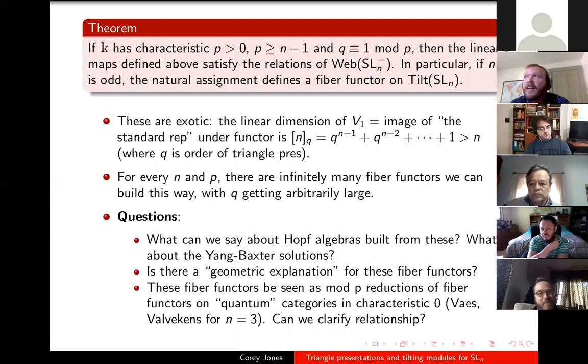I see. I guess you could ask, will this work in the very easy case of SL2, where we understand everything better? From very early on, we said, okay, you can build fiber functors from vector spaces with anti-symmetric, non-degenerate linear forms.